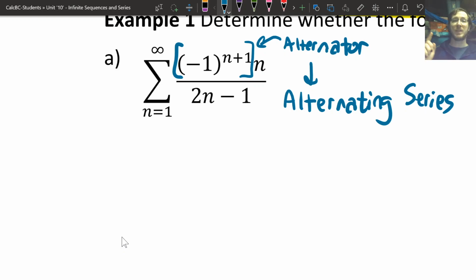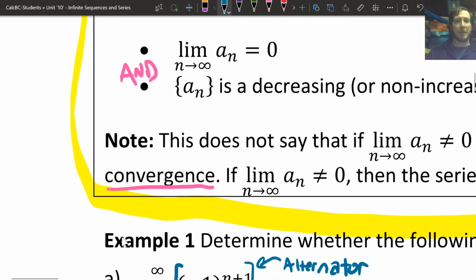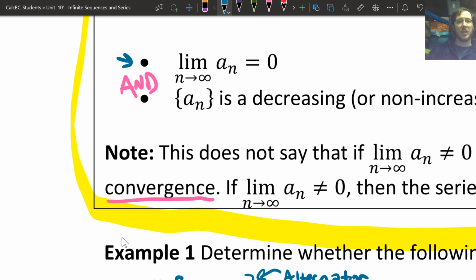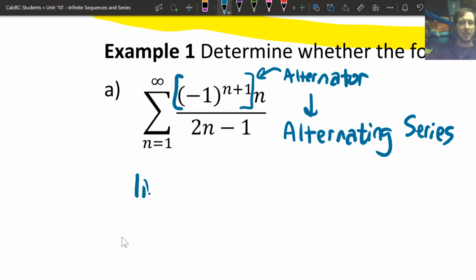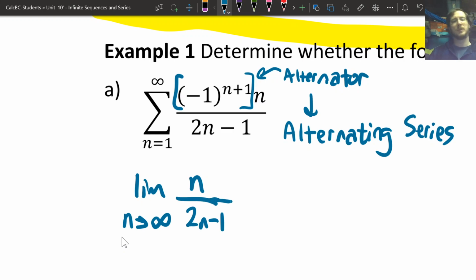All right, so when we see that, now what we want to do is look at this first part and show that the limit as n approaches infinity of the rest of the rule equals 0. So we're going to say the limit as n approaches infinity of the rest. So we have an n left in the numerator and 2n minus 1 in the denominator.